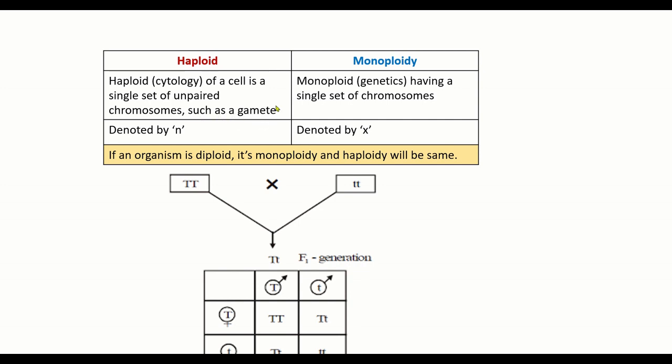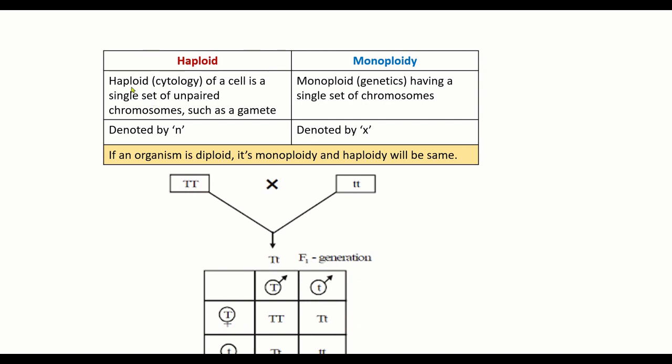And what is a monoploid? A monoploid has a single set of chromosomes. It is denoted by n, and it is denoted by x. If we talk about the Mendelian cross, when we cross between capital T, small t, the gametes produced are as such, male gametes and female gametes.